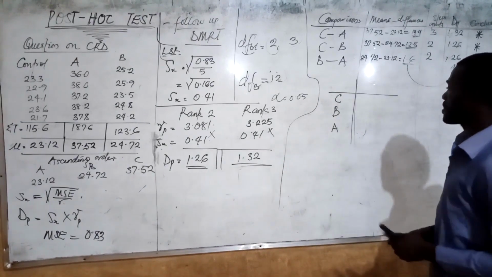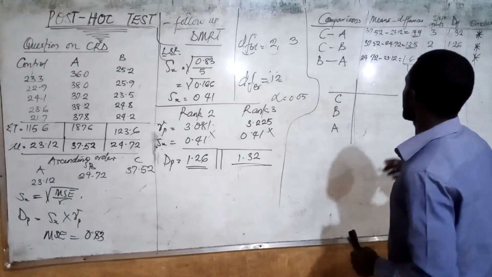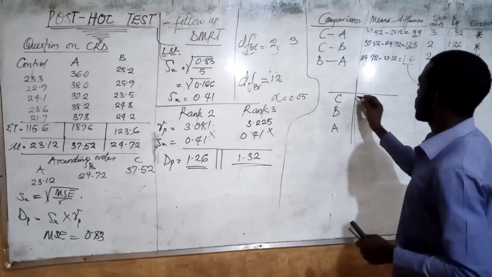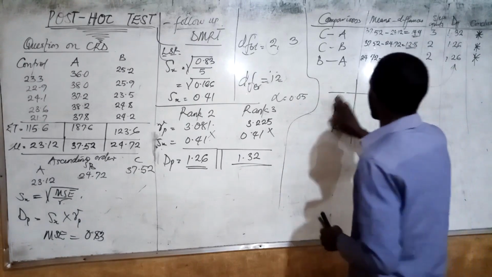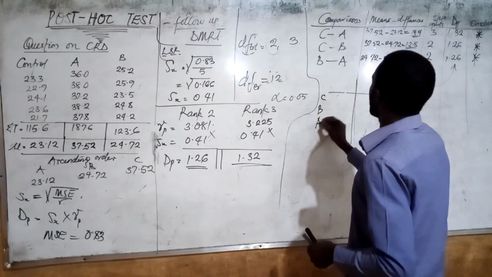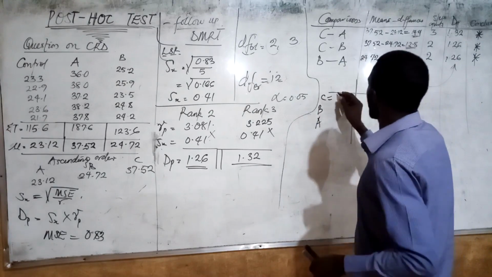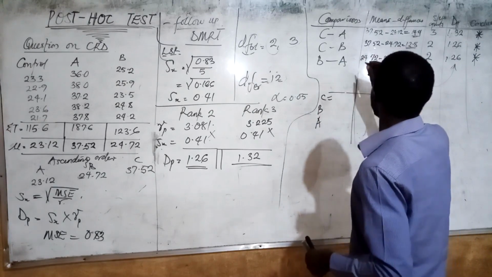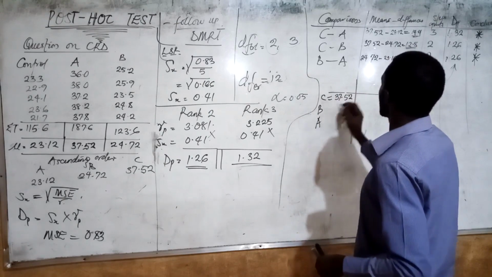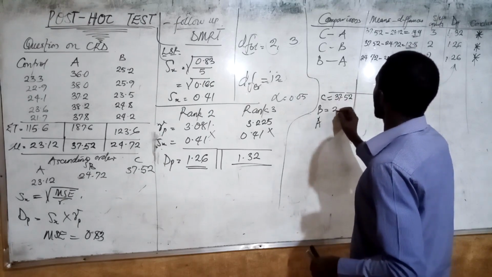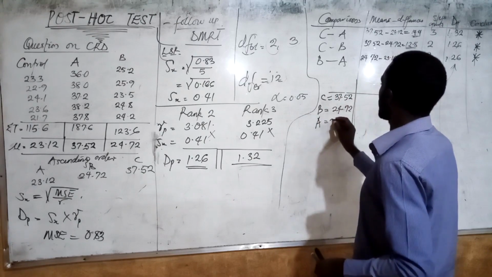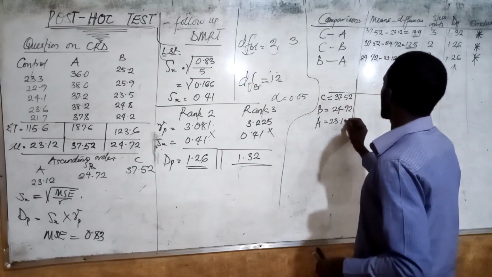So when you arrange in descending order, is this a significant difference? Yes, it is, so you can allot it. I'm going to write your means, C, B, and A. The mean for C is 37.52, the mean for B is 24.72, and the mean for A is 23.12.